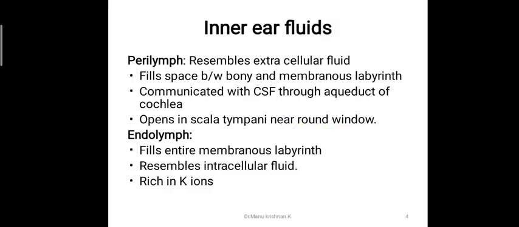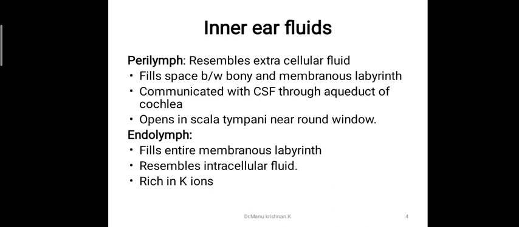The perilymph resembles the extracellular fluid and it fills the space between the bony and the membranous labyrinth. It communicates with the CSF, the cerebrospinal fluid, through the aqueduct of the cochlea, and it opens in the scala tympani near the round window.